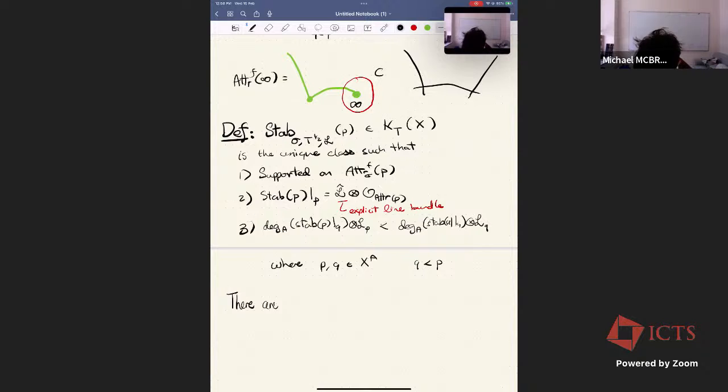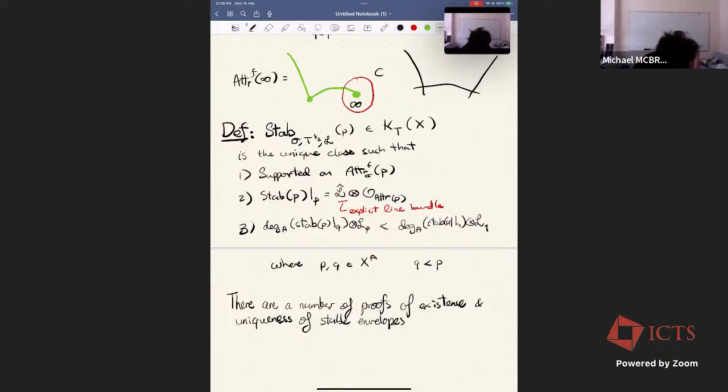There are now a number of proofs of the existence and uniqueness of such a thing, in various settings, due to Maulik and Okounkov.